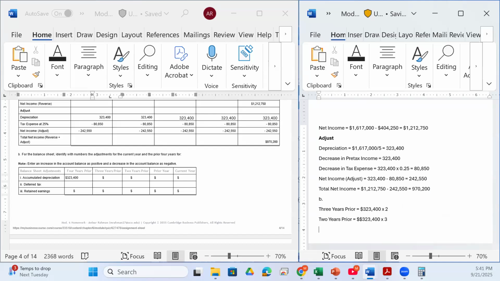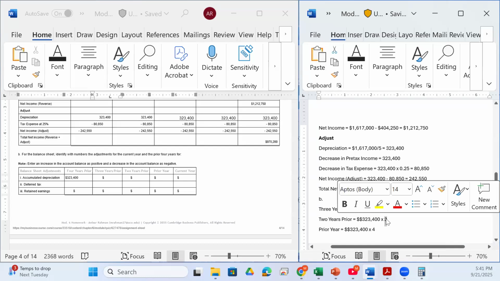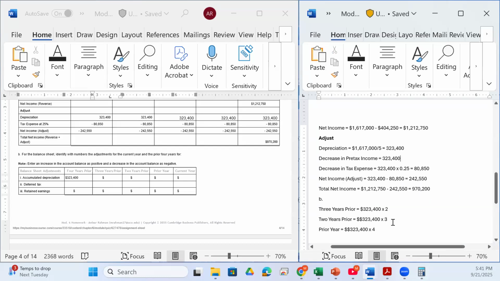And then prior year, it will be multiplied by 4. Prior year means we have to adjust depreciation expense by this amount for 4 years. That's why multiply by 4. 2 years prior by 3. 3 years prior by 2.